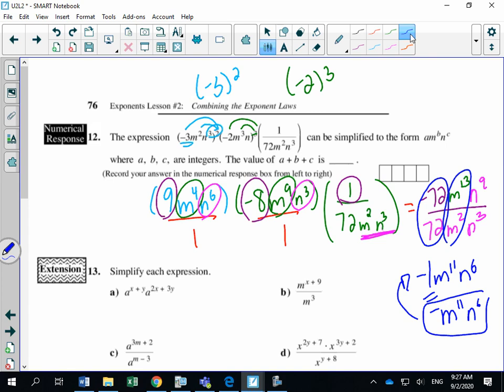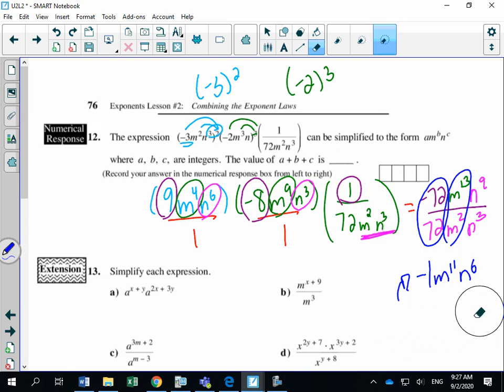Oh, sorry, that's actually not the answer. What it says is when you multiply all this together, it could be simplified into this form, a m to the b, n to the c. The value of a plus b plus c is, okay, so what I have to actually do is figure out what a, b, and c are. So let's figure out what a is.